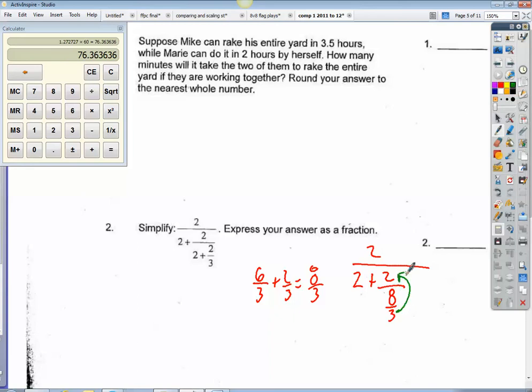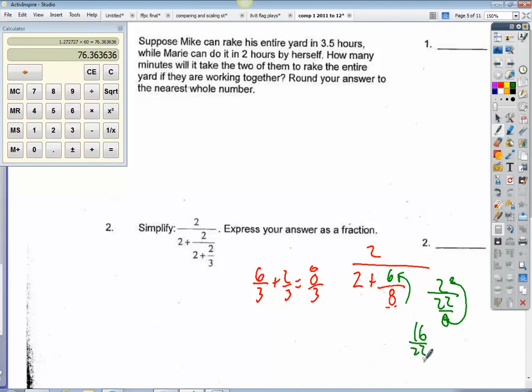So 2 times 3 is 6. Well, now I'm adding 2 to that. It needs to be 8, so that's 16 eighths, plus 6 is 22 eighths. So now I have 2 over 22 eighths.